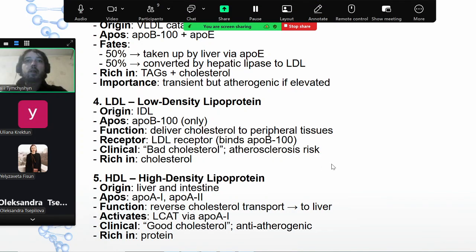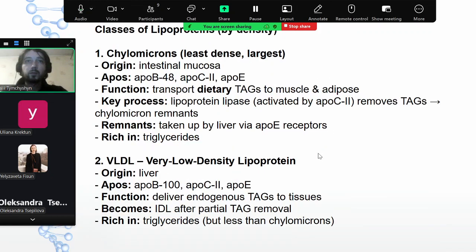So they are a little bit different in their origin and fates. VLDL originate in the liver, and they basically deliver the endogenous triacylglycerols to the tissues.